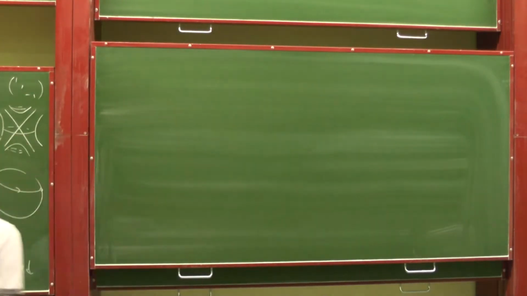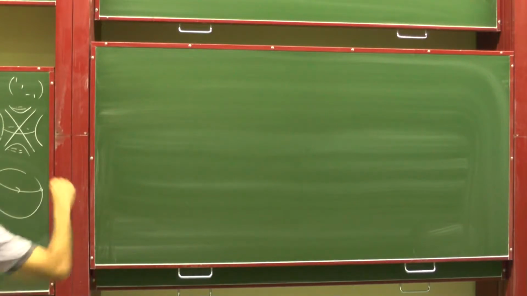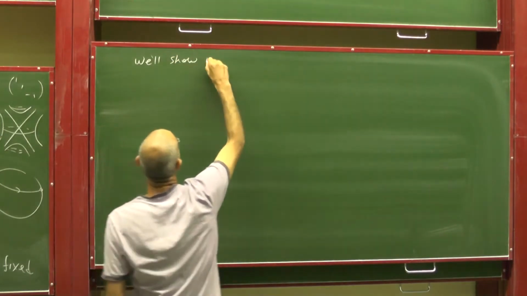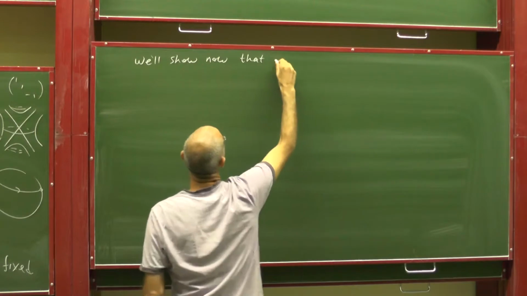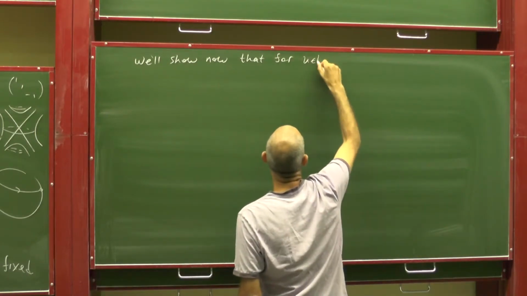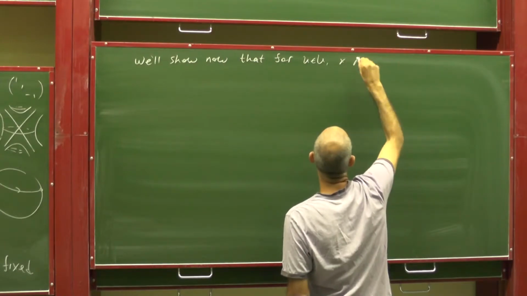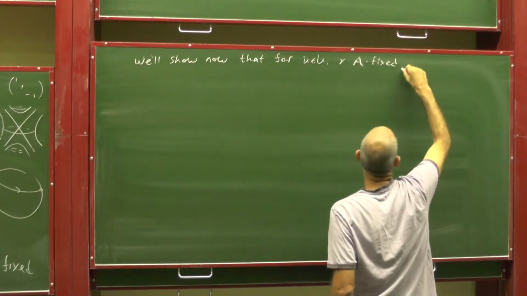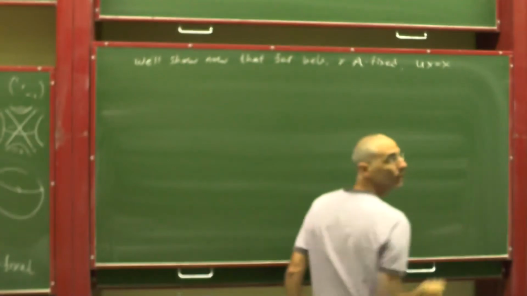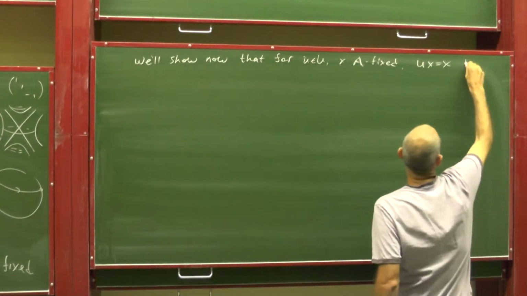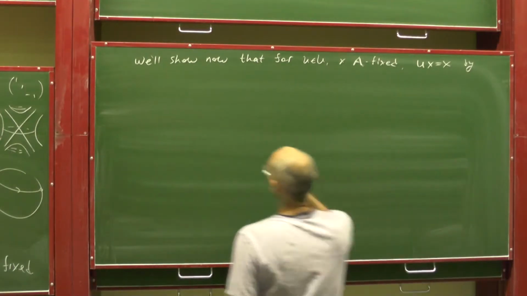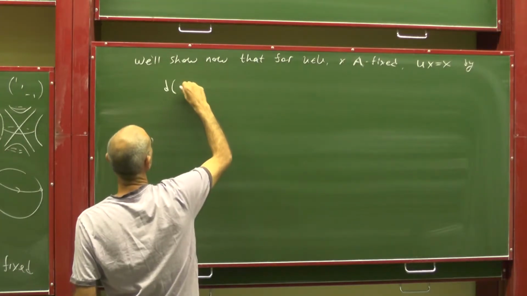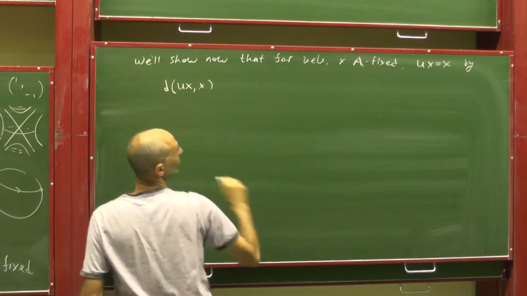Observed. Now, consider this. We show now that for u in U, x an A fixed point, ux is x, by computing the distance between ux and x.